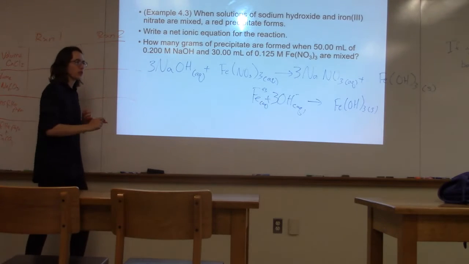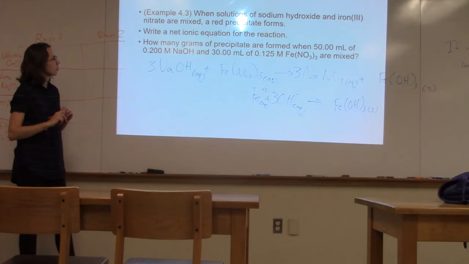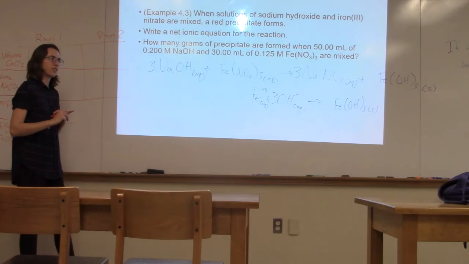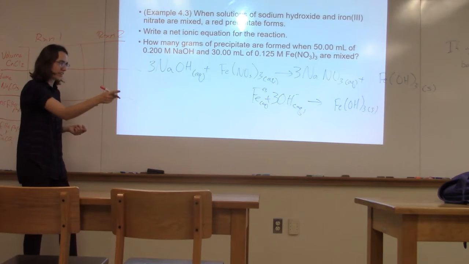Could we do 50.00 milliliters times 1 liter over 1,000 milliliters, and then times 0.2? Yes, you're on the right track.